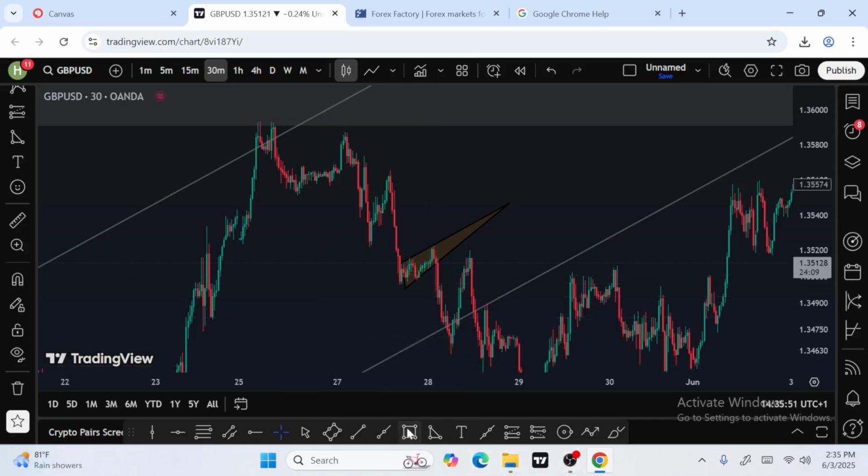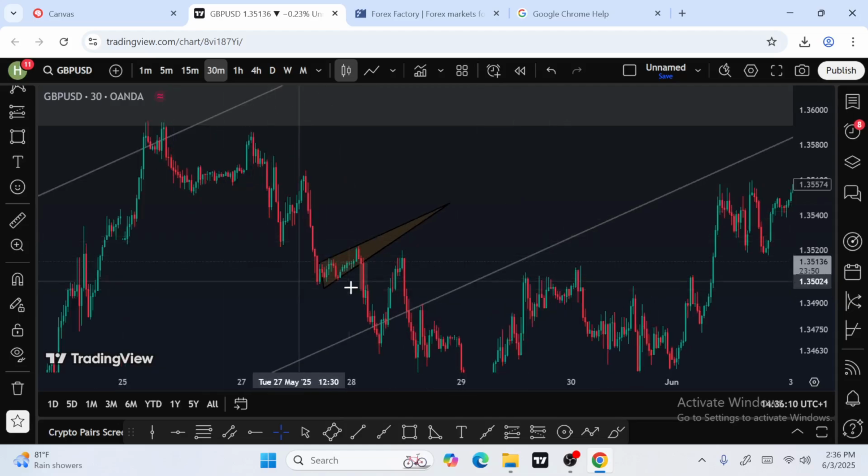Did it go the same height of this one? But at least it has to go the same height for your TP1. And your stop loss will be above the liquidity. I told you, your stop loss will be there.